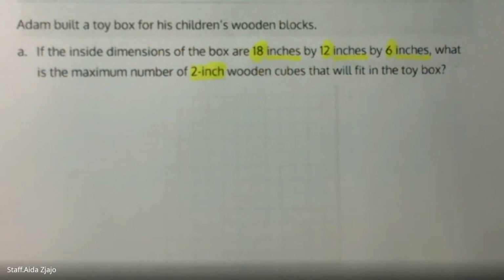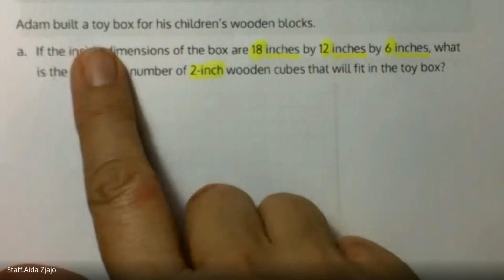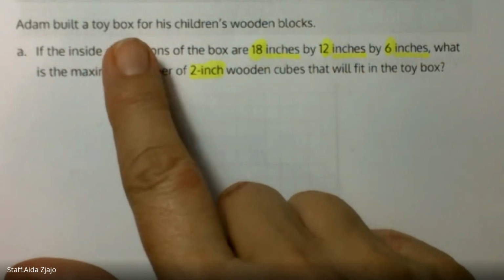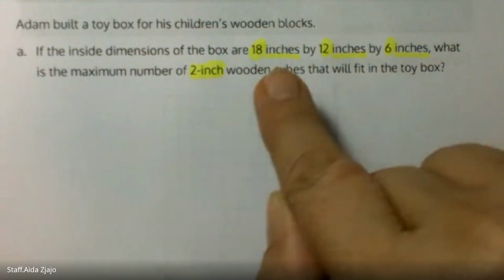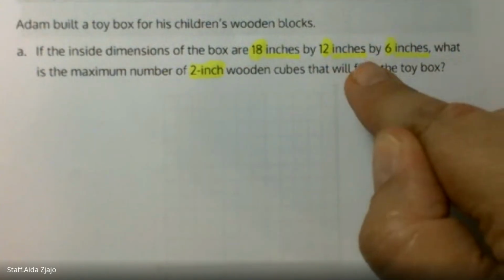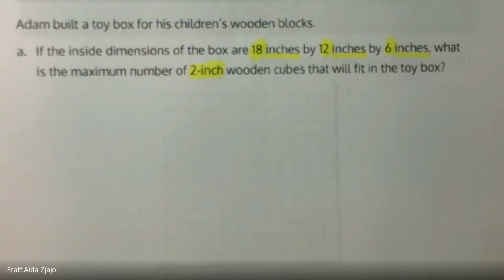When you think about it, Adam built a toy box, and the box is measured in inches: 18 inches by 12 by 6. So 18 times 12 times 6 inches would find the volume of that box.